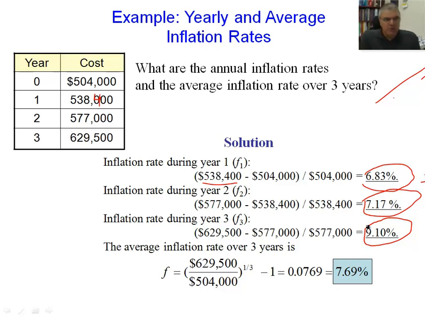9.1%. Note that in order to take the average inflation rate over 3 years, we didn't just add these numbers and divide by 3. In fact, let me do a calculation for you here. It's a simple calculation.